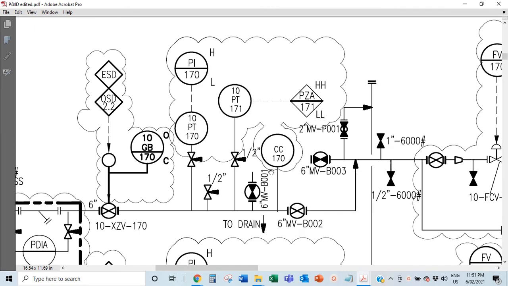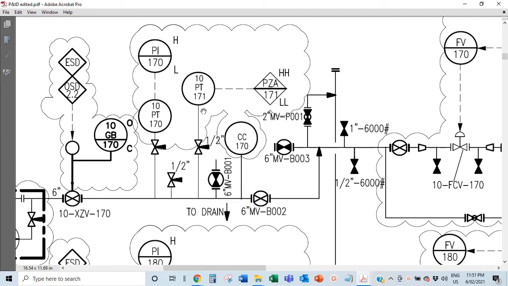Transmitter transmits the information. And you also have another pressure transmitter here, but this is working with a PZA. A PZA is a trip, and when you see a trip has high and low, it means an alarm goes first before it trips. Let's say you are supposed to be operating at 5 bar, but you hit 7 bar.